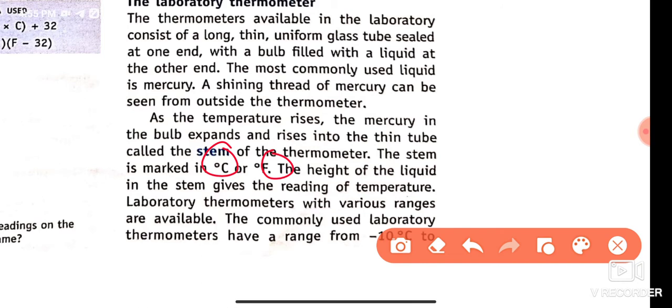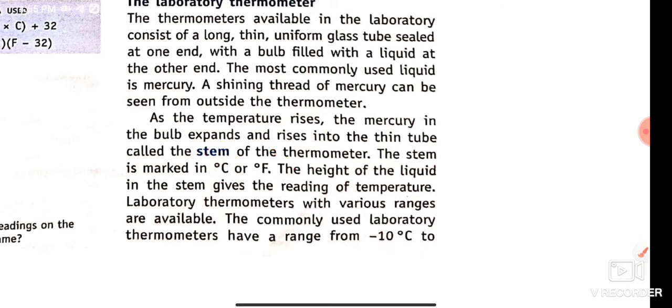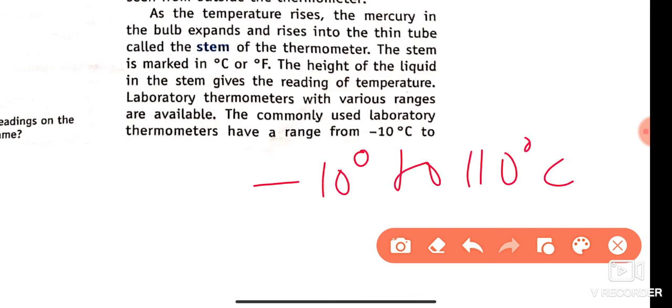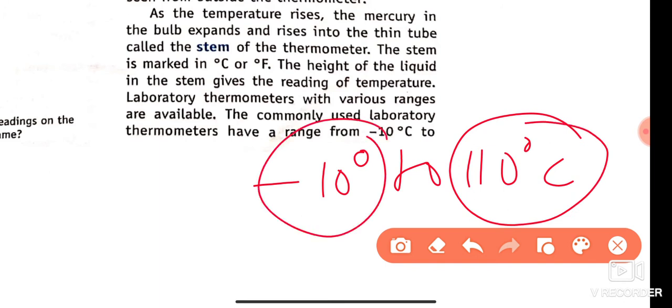Laboratory thermometers with various ranges are available, but the common laboratory thermometer limit is minus 10 degrees Celsius to 110 degrees Celsius. That means the upper limit is 110 degrees Celsius and the lower limit is minus 10 degrees Celsius.